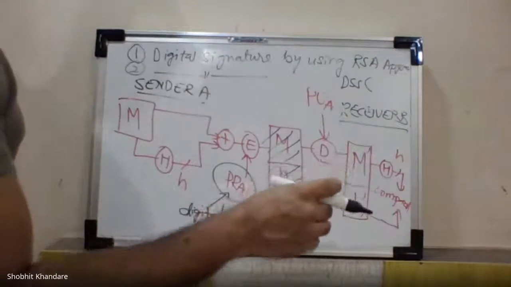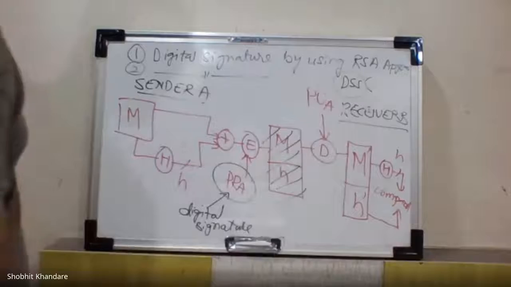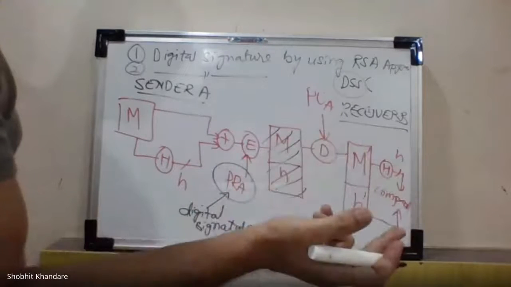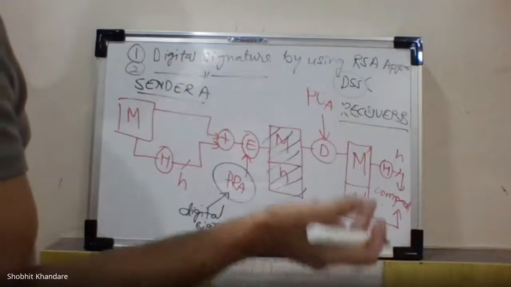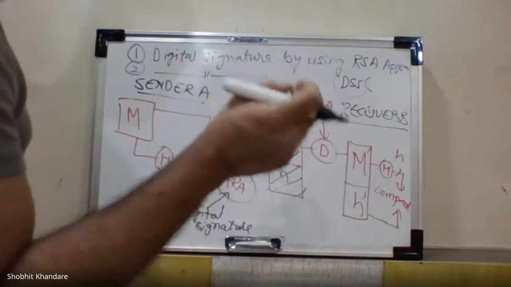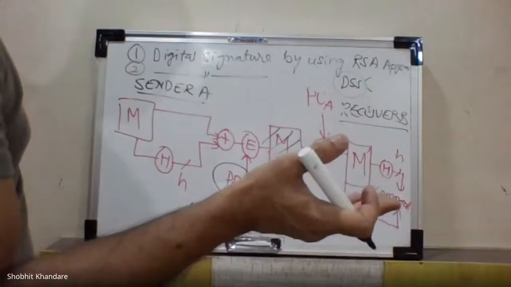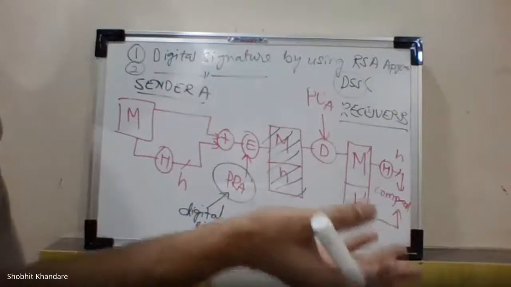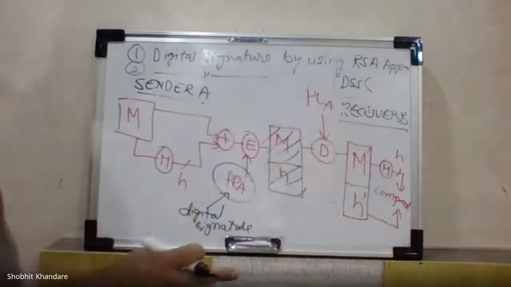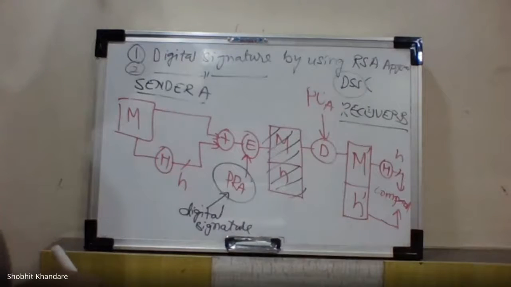Or it is also called DSS or DSA, that is digital signature algorithm. DSS or DSA are interchangeable words. They can ask you either DSS or DSA; both have the same meaning.